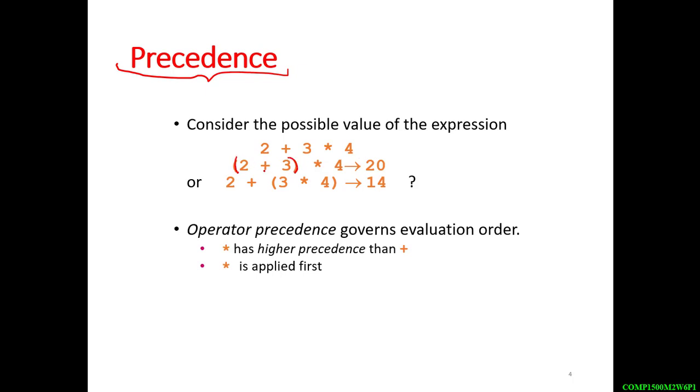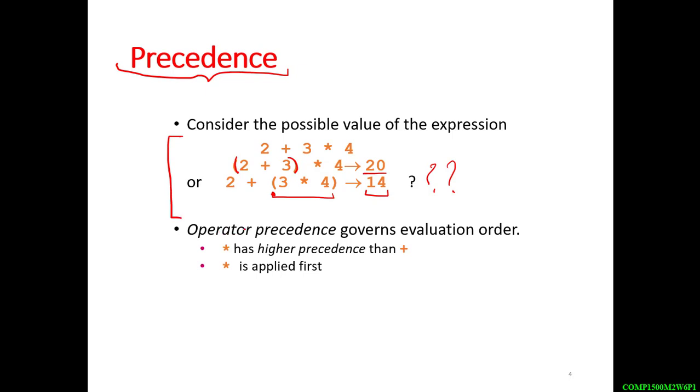So it is 2 plus 3, which is 5, multiplied by 4 will give you 20. Now, if we put the brackets here, it will be 3 multiplied by 4, which is 12, plus 2, which will equal to 14. So which one is the correct one? So in C++, we have rules for precedence, and we are going to talk about them today.